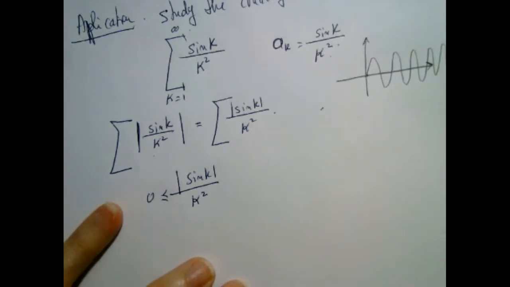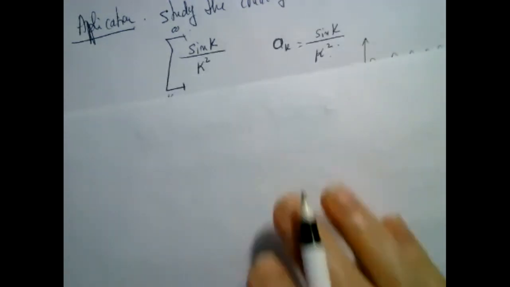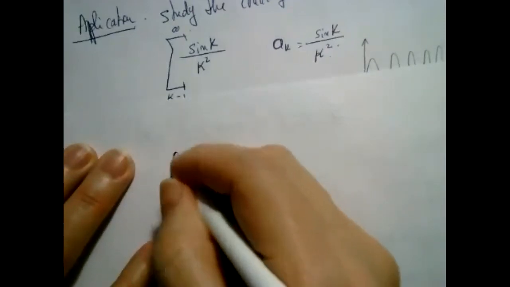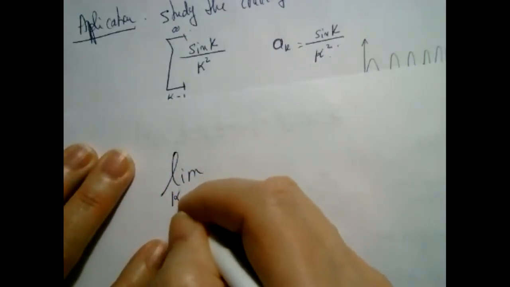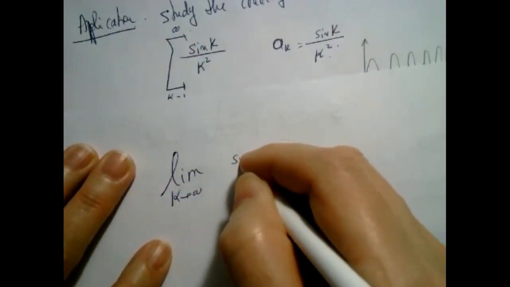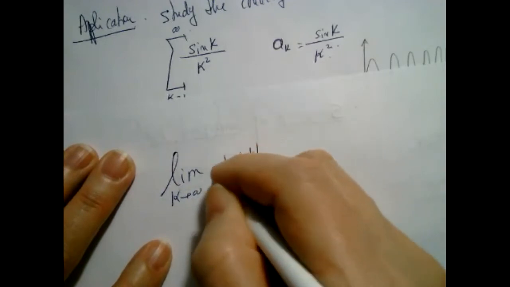Could we do the divergence test? What does the divergence test tell me? The divergence test tells me that I have to take the limit as k goes to infinity of sine k over k squared.